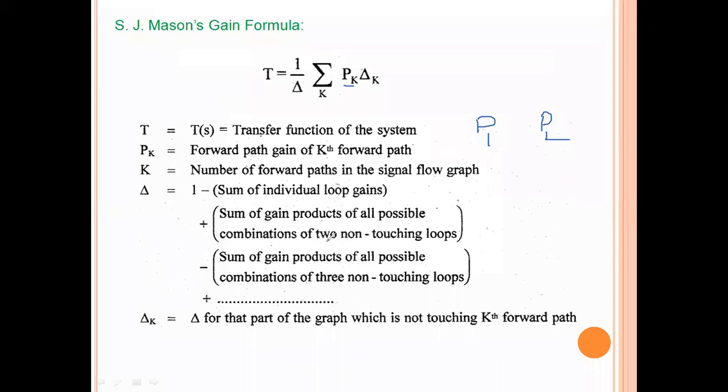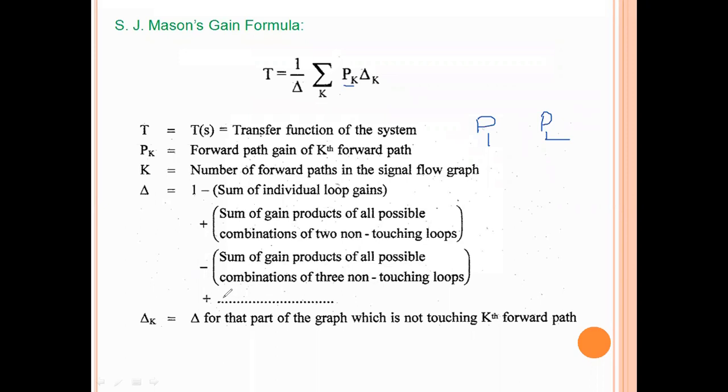The second term represents two non-touching loop combinations. The third term represents three non-touching loop combinations, so we have to identify the three non-touching loop possibilities and add their gains here.